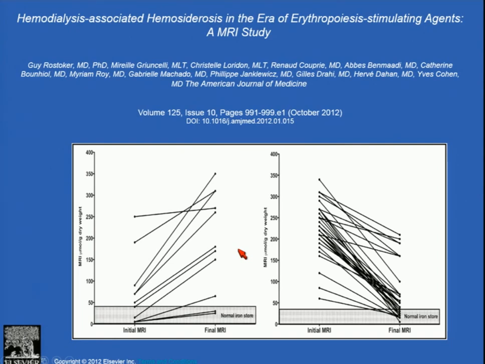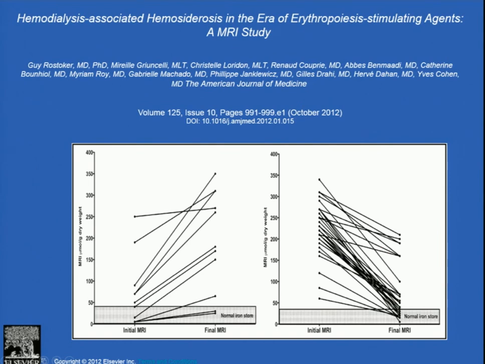Again, this was done primarily by the KDIGO guidelines, and not surprisingly, most of these patients had a rise in their liver iron. Then they took another cohort of patients who had been treated with IV iron and had elevated liver iron content, took them off their IV iron or significantly reduced their IV iron dose, and again, this led to a significant reduction in MRI liver content.